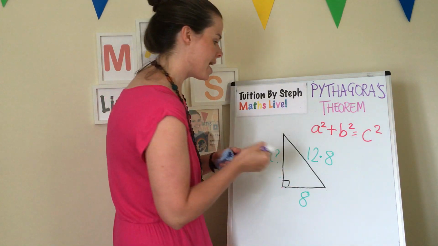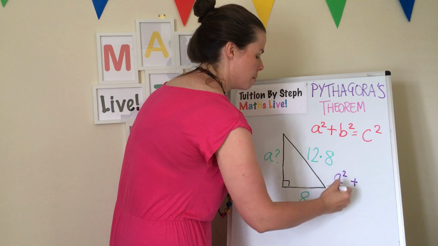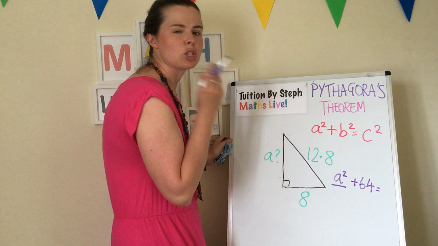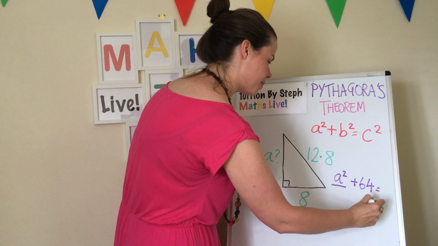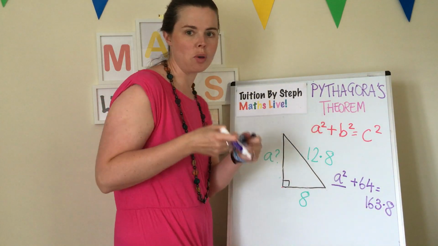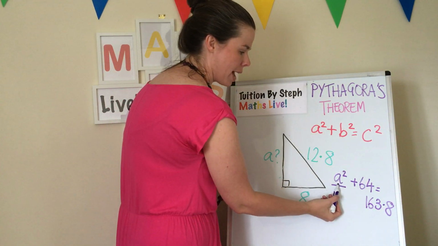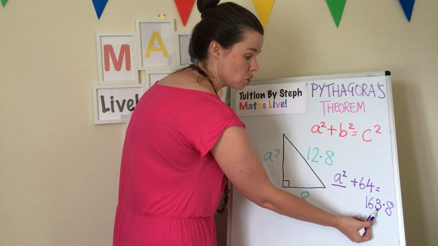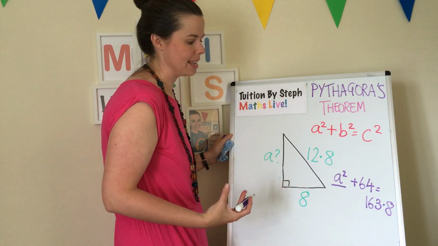So we know that 8 8s are 64, A squared plus 8 squared, which is 64, equals, now 12.8 squared is 163.8. I thought I'd do those in advance so I'm not on my calculator while you're supposed to be learning. Right, so you've got A squared, you've got B squared, which is 64, and you've been given C squared, which is 163.8. How do we now find out what A is?